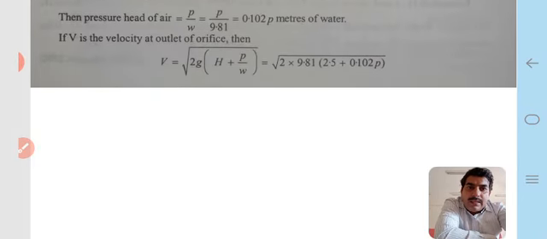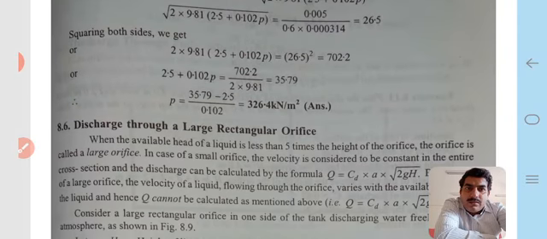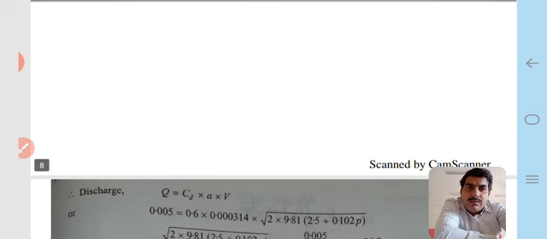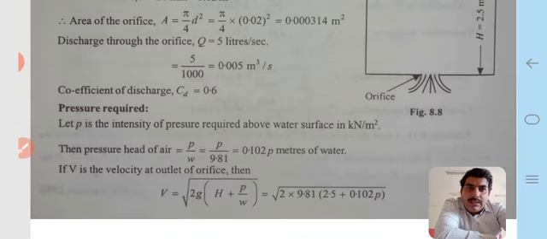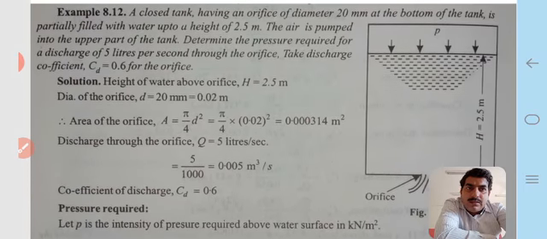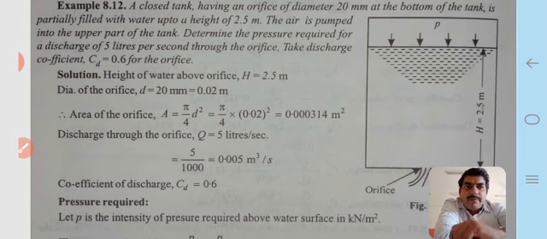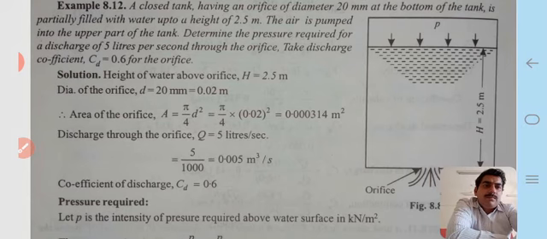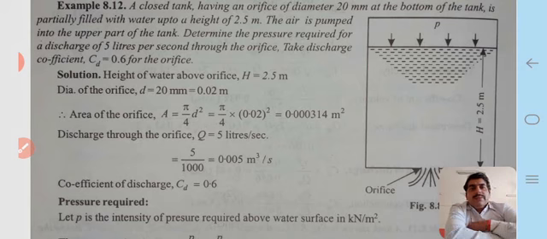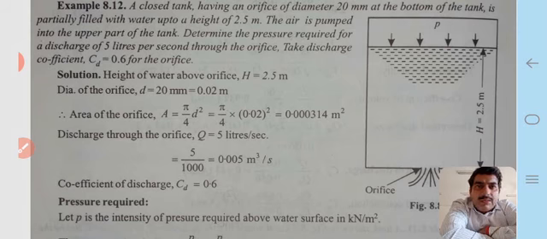Now another type of example, which is seen here. Okay, a closed tank having an orifice of diameter 20 mm at the bottom of the tank is partially filled with water up to a height of 2.5 meter, which is seen in the diagram, that is the height h is 2.5 meter.